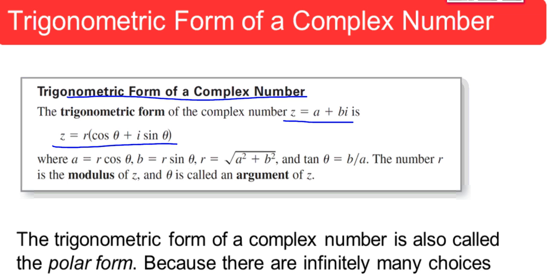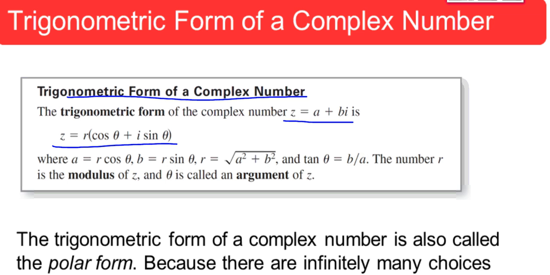So what did they do to write it now? They pulled out the r, and also do you notice they moved strategically the i to in front of sine theta? You know what I mean? That just makes us all a little happier as we go. And so this is the trigonometric form of a complex number.